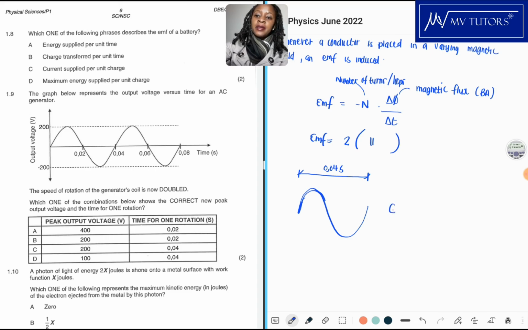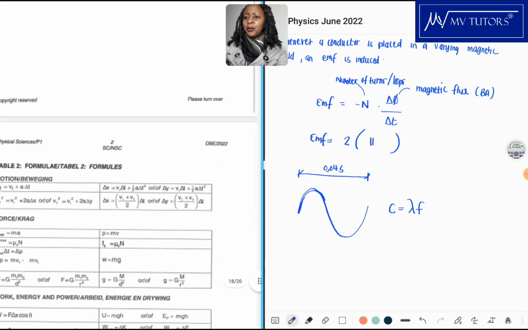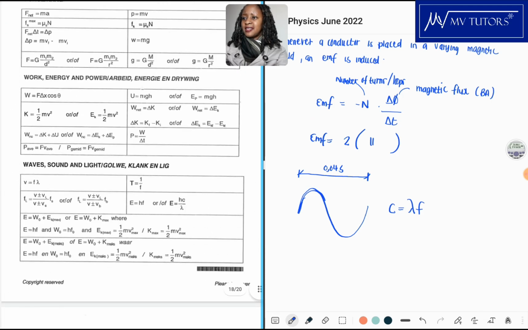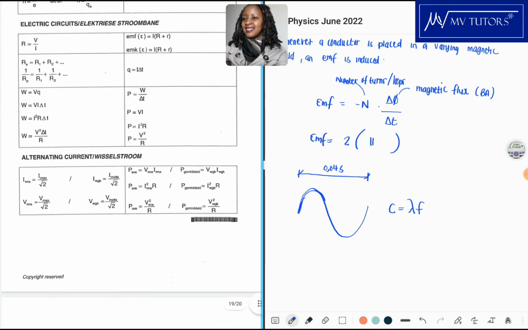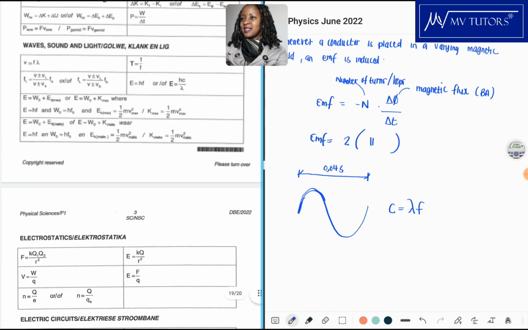I hope you remember that the speed is equal to the wavelength times the frequency. I hope I'm quoting the correct formula, but it should be that.